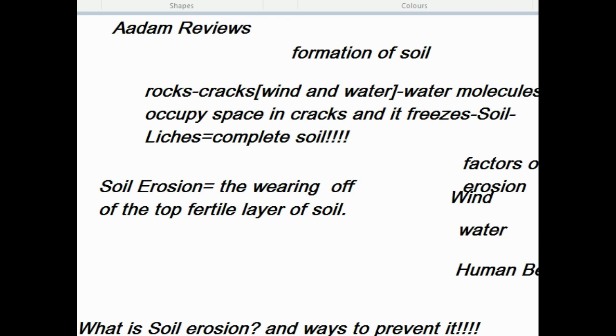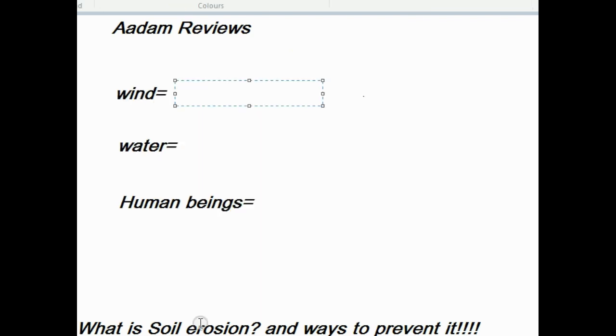You might be wondering, how does wind cause soil erosion? Now let's get to know how wind affects the process of soil erosion. Wind blows, and you may have seen dust winds. This is also happening due to wind, and this causes soil erosion.